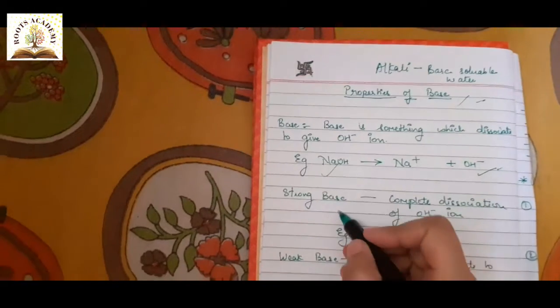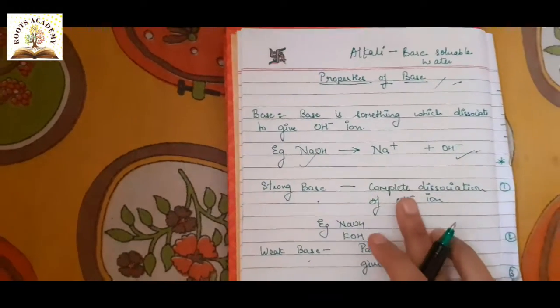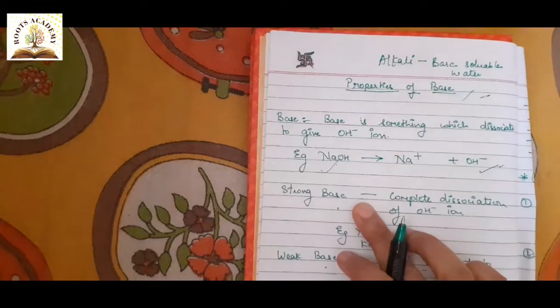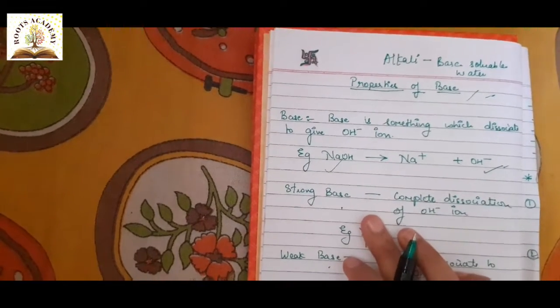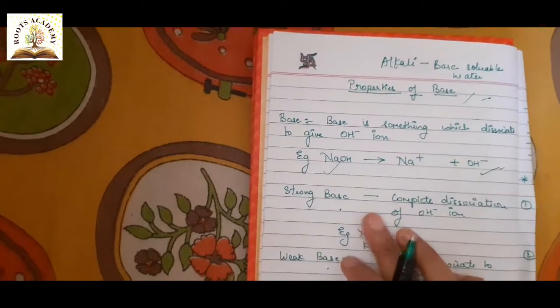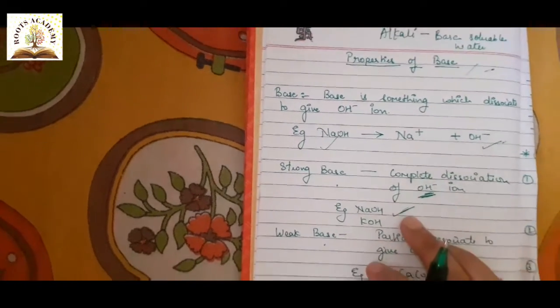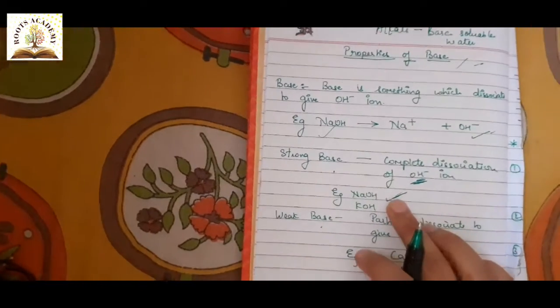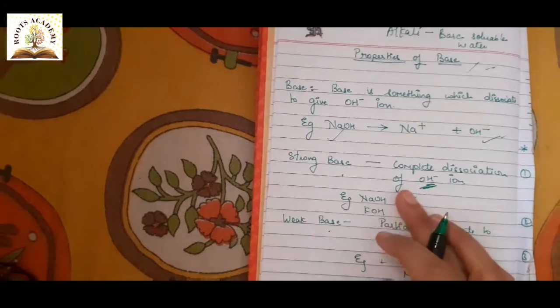Base is further divided into strong base and weak base, the same as acid. Strong base means if you take a base compound and it completely dissociates into OH minus ion, you get a large amount of OH minus ion. If you take sodium hydroxide and put it in water, it dissolves completely.